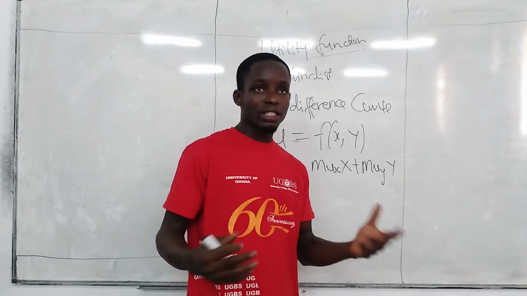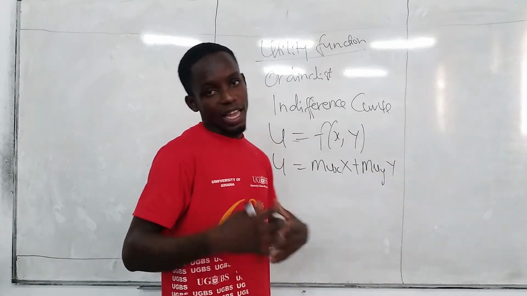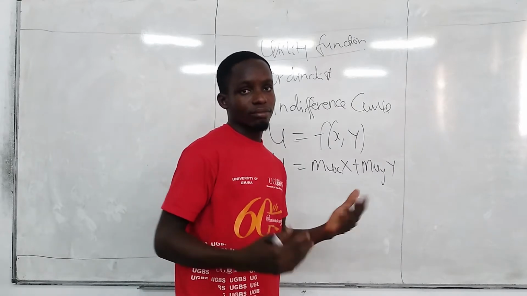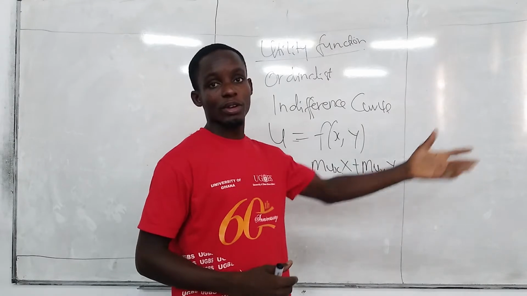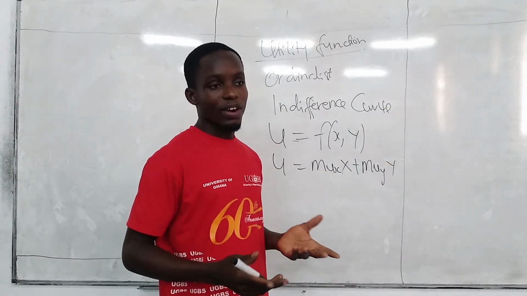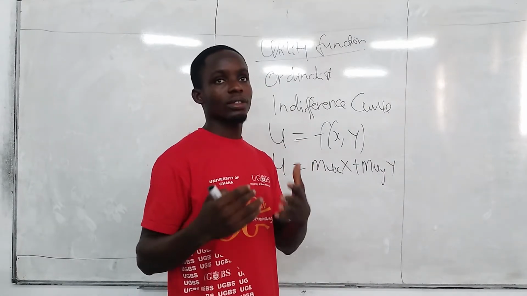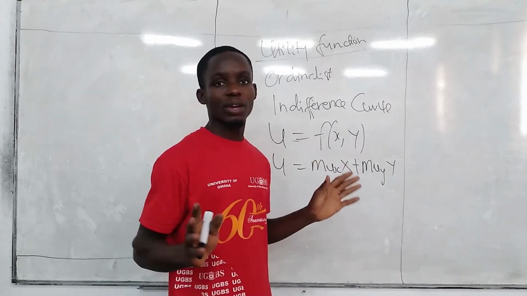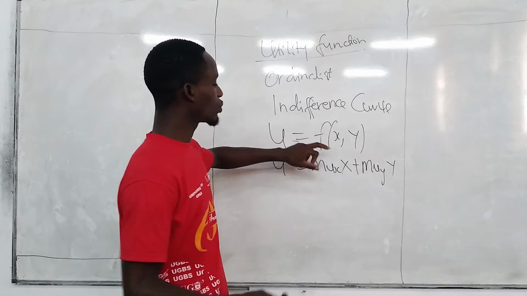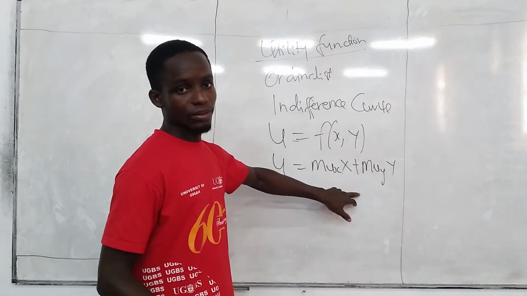Maybe you can get your satisfaction from pizza and fried rice. I am a guy, I can get my utility from maybe gobe and bamboo. So depending on where you get your satisfaction, you state your utility. As simple as that. Here too, I would want you to note this and note that.